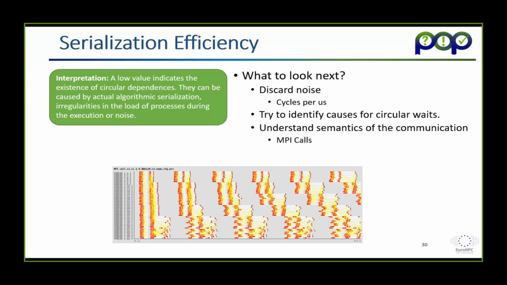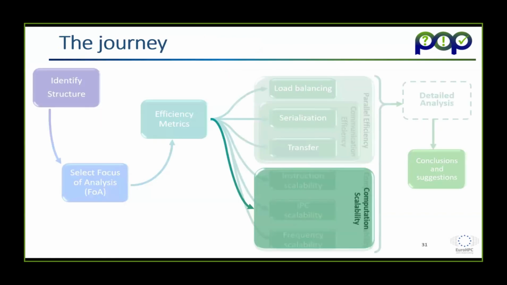And we try to understand the semantics of the communication: who is waiting for whom, producing these waitings that we are seeing as the serialization. But for me, when you see a low value in the serialization, it is one of the most difficult ones to find the causes for, because there are a lot of them that can be there. So we finished with the efficiency metrics, and now we go to the scalability metrics.